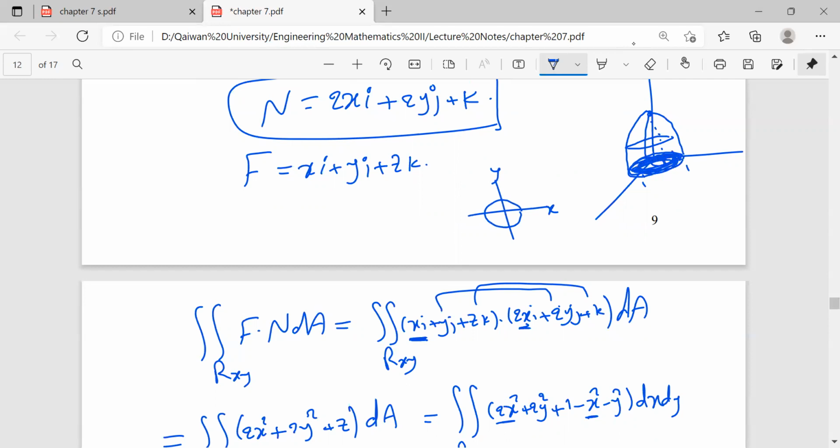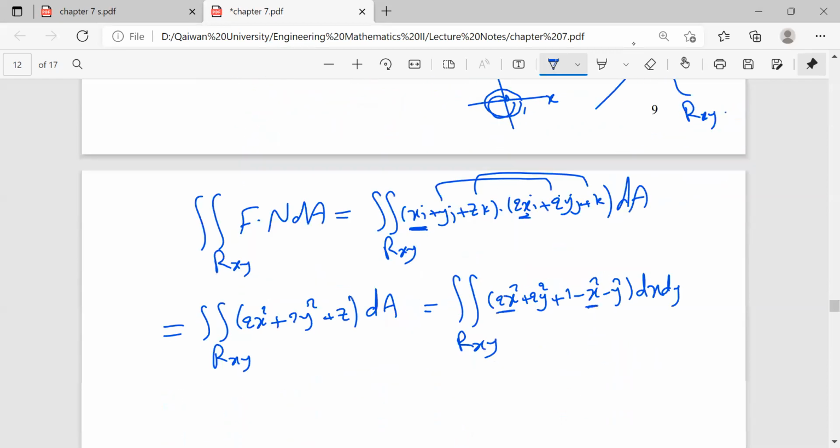This is the projection, R sub xy, the projection on the xy plane. And here it's 1. Theta here is from 0 to 2 pi. And r is the radius for the circle. The radius is 1.